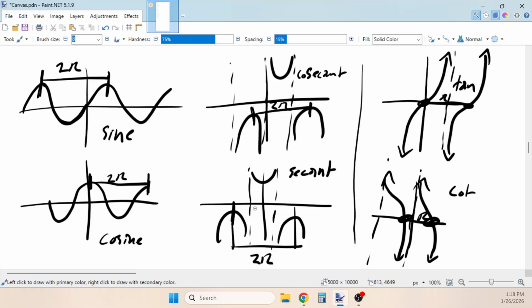Looking back at this, the amplitude is the distance from the midline up to the crest, or from the midline down to the trough. Crest, there's the trough. For sine and cosine, these values mean the top and bottom of their wave.